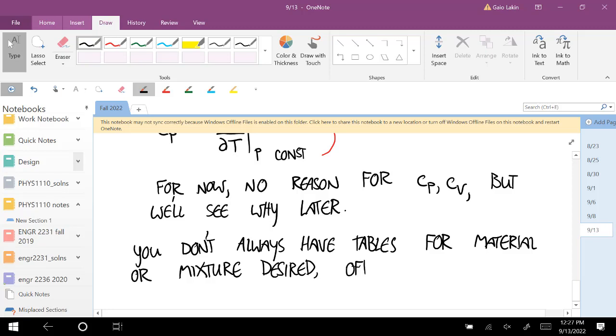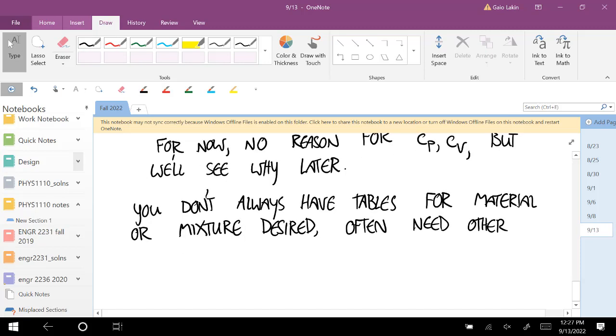So often you need other ways to calculate some properties from a set of other properties that you know. So often you need other equations of state to calculate properties at a state.